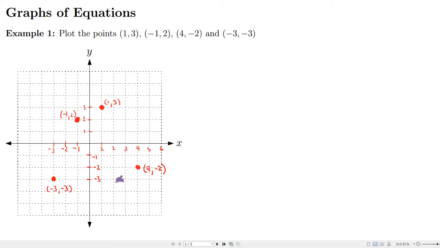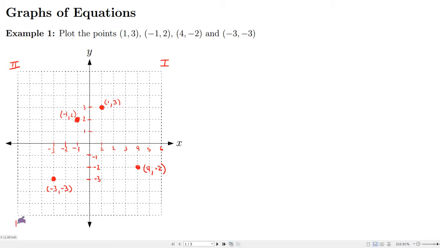There are also designated quadrants. When the x and y values are both positive, like in this point, this is considered quadrant 1, and usually you write that in Roman numerals. Then you proceed counterclockwise. That's just the convention. So in the negative x direction but positive y direction, this is quadrant 2.